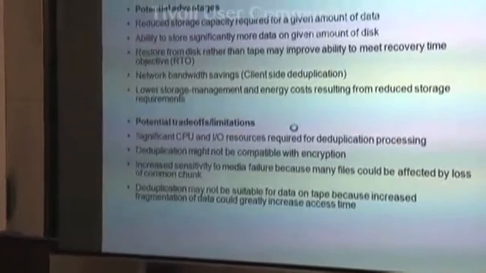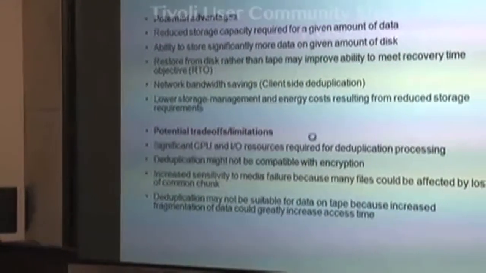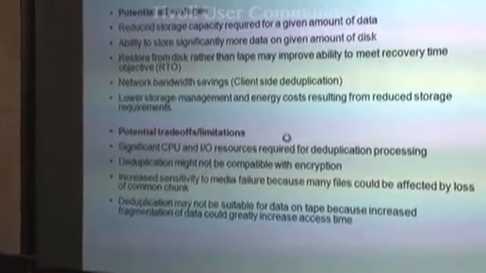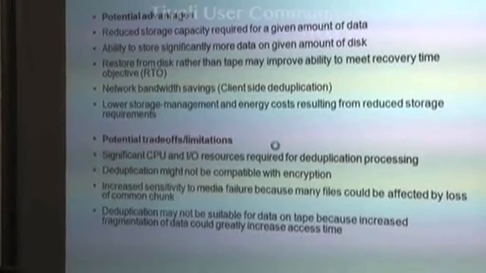So let's talk about deduplication. I think this is one of the most exciting features of TSM version 6. Number of advantages, right? Reducing your storage capacity. We talked about the capacity licensing.